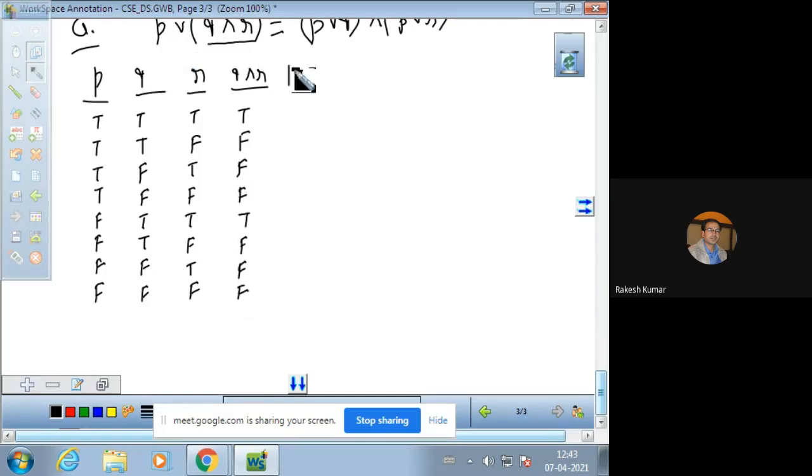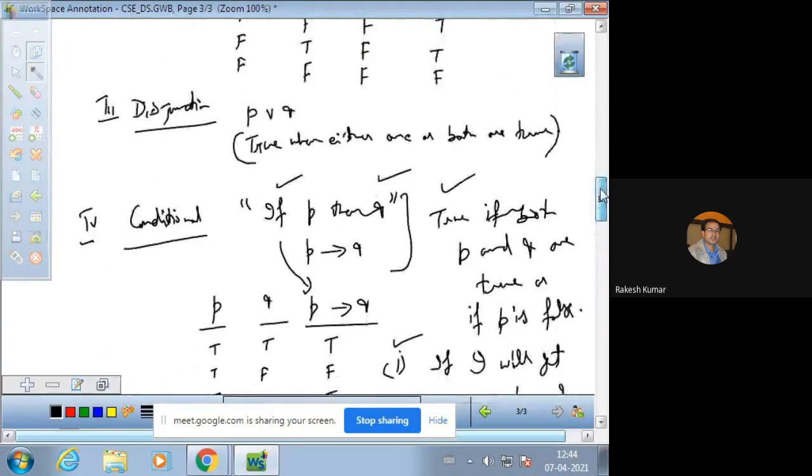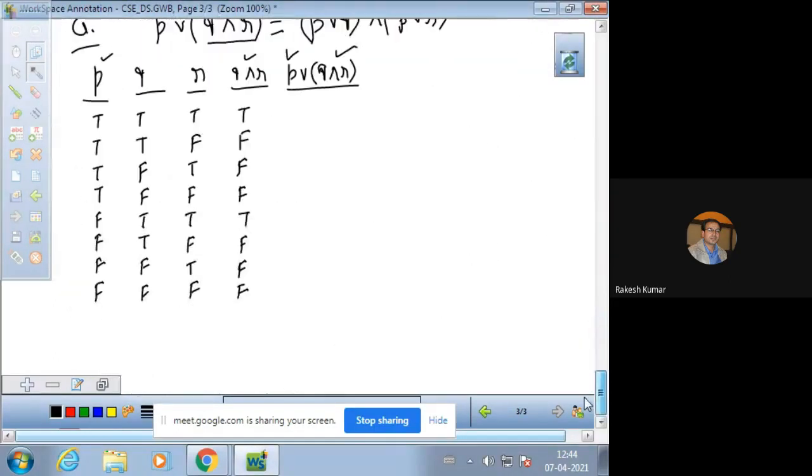Now for the left hand side, we require P disjunction Q conjunction R. Now we shall disjunct P with this Q conjunction R. What is the meaning of disjunction? Disjunction means it will be true if either one or both are true.